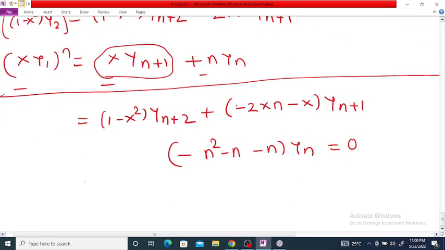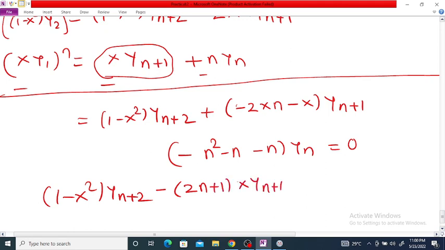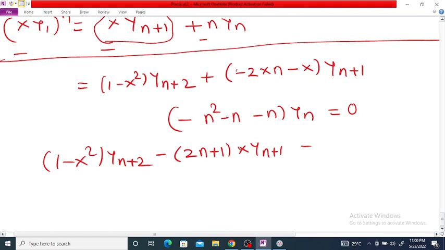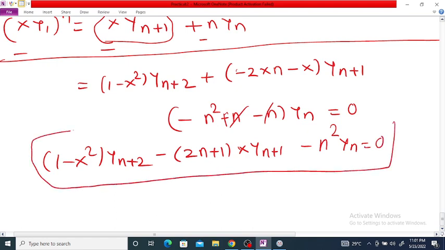If you simplify this, it is (1 minus x square) yn plus 2. If we take minus n outside, it is minus (2n plus 1) x yn plus 1. And last, minus n square, and because of this minus sign, this minus minus becomes plus, so the n gets cancelled here. So minus n square yn is equal to 0. This is what we wanted to prove here. Okay, thank you.